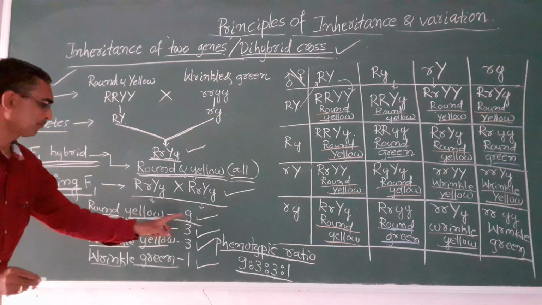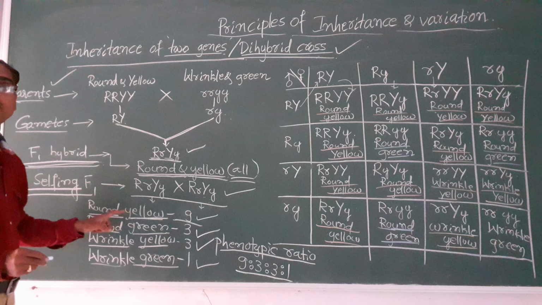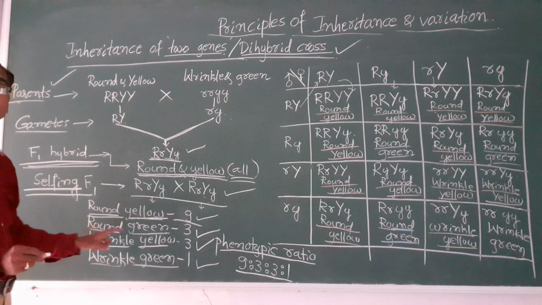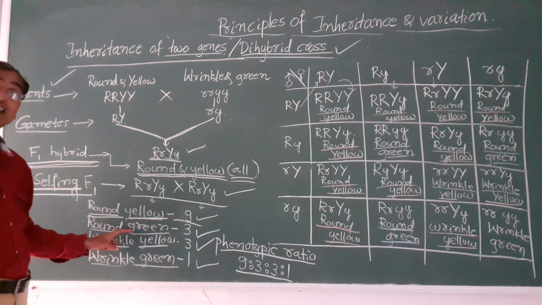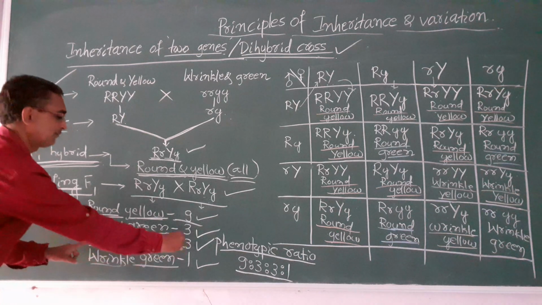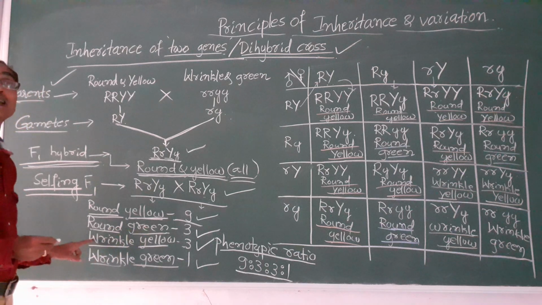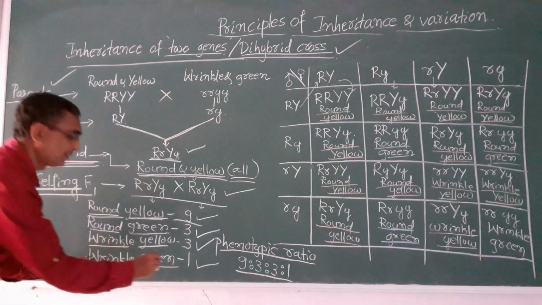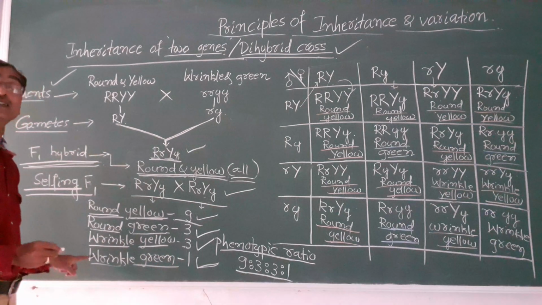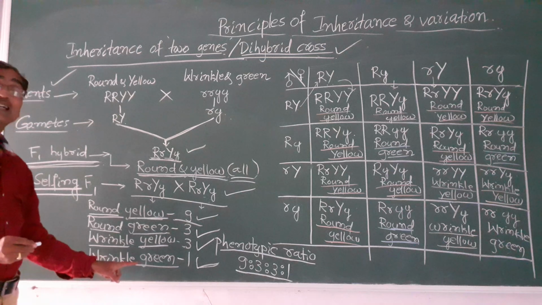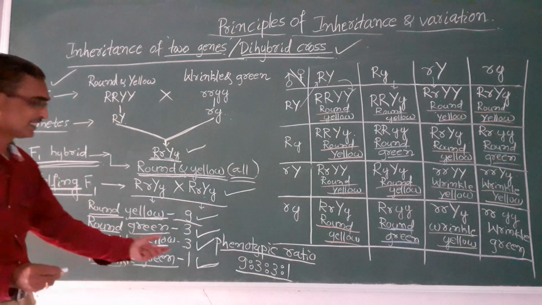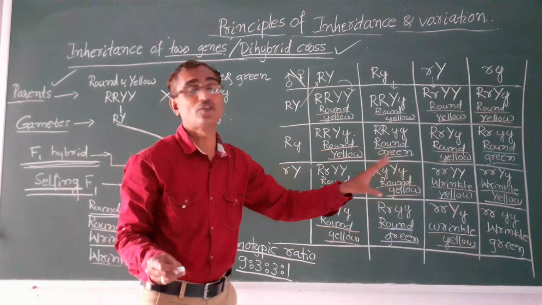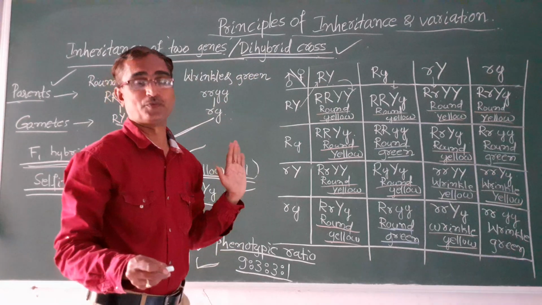That means 9 plants are round shaped and yellow colored seeds, and 3 plants were round and green, that means round shaped and green colored seeds, and 3 plants were wrinkle shaped and yellow colored seeds, and 1 plant is wrinkle shaped and green colored seed. So this is the phenotypic ratio in case of F2 generation of dihybrid cross.